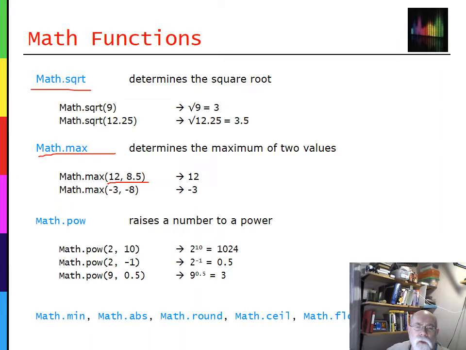Looking for the power of a number, taking it to a power. So 2 to the 10th is 1024, and it will do this for you without you having to do 2, 4, 8, 16, 32, 64, 128, 512, 1024.